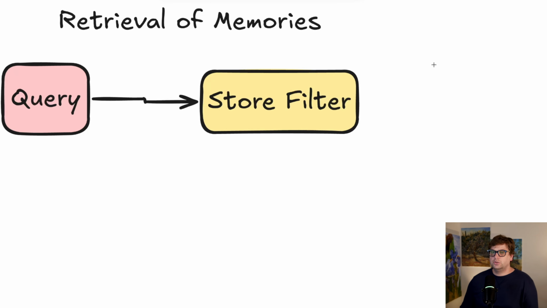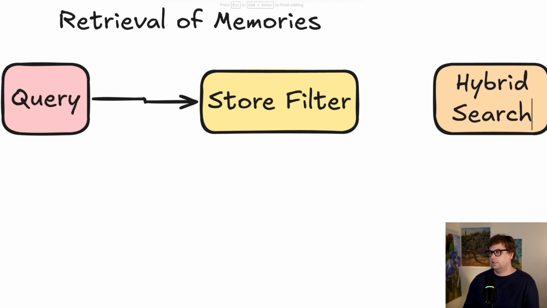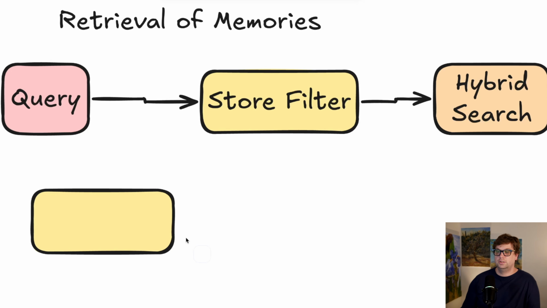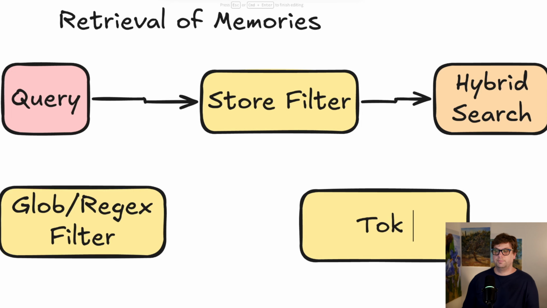And it goes through a hybrid search. And this is a little bit different than what most people think about hybrid search. We're going to cover that in a second. So we have a query, a filtering step, a hybrid search, we then have another filtering step, and then we, of course, have our final filter, which is a top K. If I find 1,000 results, I don't want them all in there.